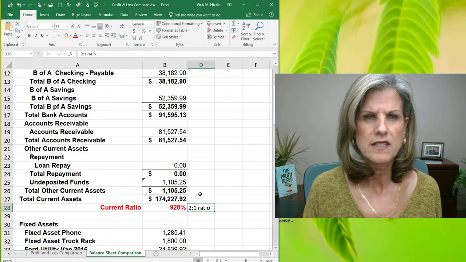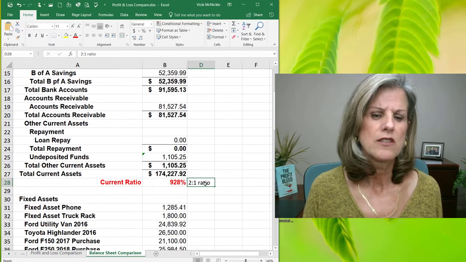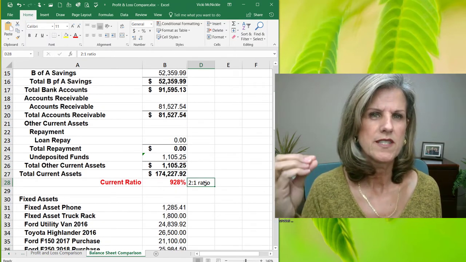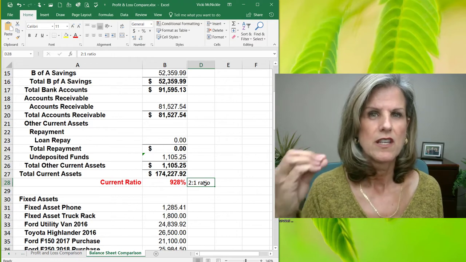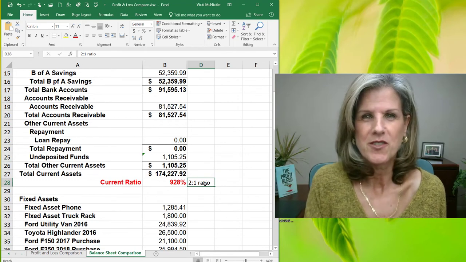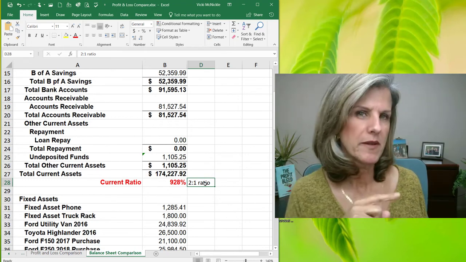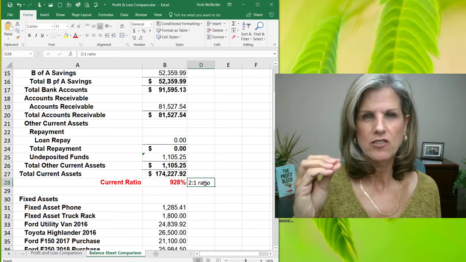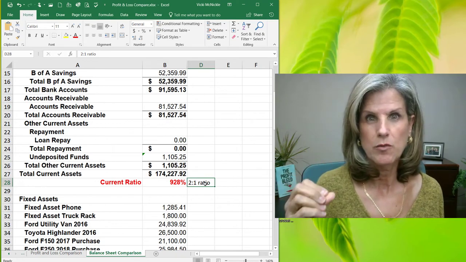The other reason is because it helps you withstand greater risk when risk occurs, because we have risks as a business owner. But I'm going to go back and talk about that in a second. I just want to give you this calculation, and then let's talk about why these two numbers are important.